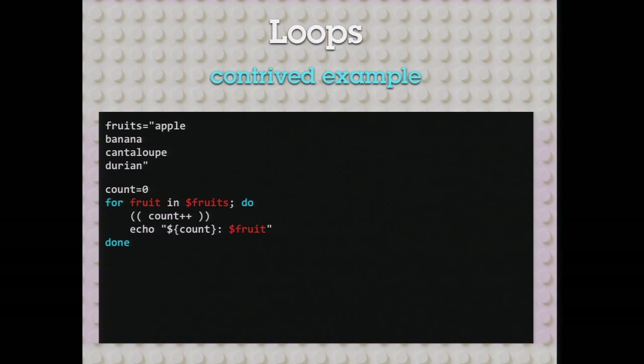So starting with count equals 0, for the first fruit in the loop, apple, add 1 to the count. This is mathematical expansion, sort of a shorthand way of saying take whatever it is now and add 1 to it. Then echo whatever that count is, and then the fruit. So the result, pretty simple. Each time through the loop, it adds 1 to the number, it prints the current fruit, so it gives us that simple output.